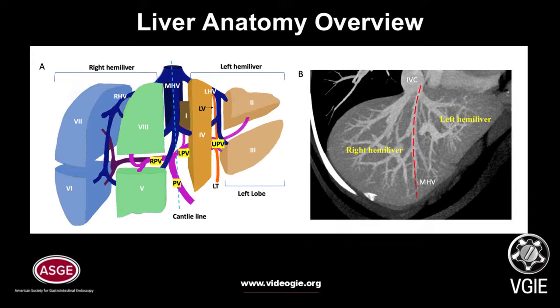The left hemiliver is again classified into left lateral sector, segments 2 and 3, and left medial sector, segment 4, by the left hepatic vein. The right hemiliver is further classified into right anterior sector, segments 5 and 8, and right posterior sector, segments 6 and 7, by the right hepatic vein.